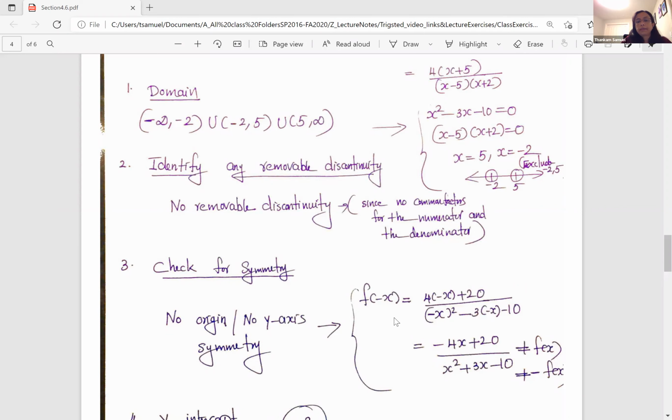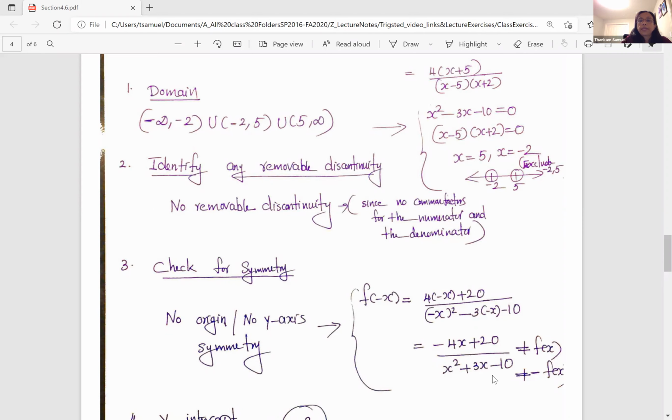In this case, replace x by negative x. So 4 times negative x plus 20, divided by negative x, the whole quantity squared, minus 3 times negative x minus 10. This is negative 4x plus 20, and negative x, the whole quantity squared, is positive x squared. The two negative signs make this term positive, so plus 3x minus 10.